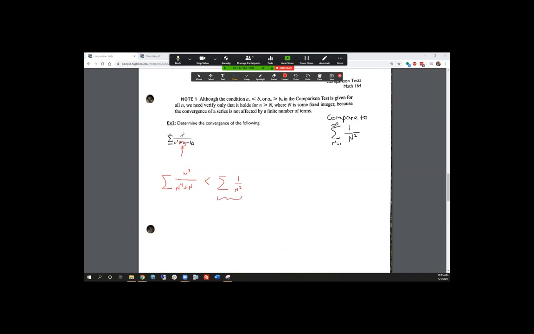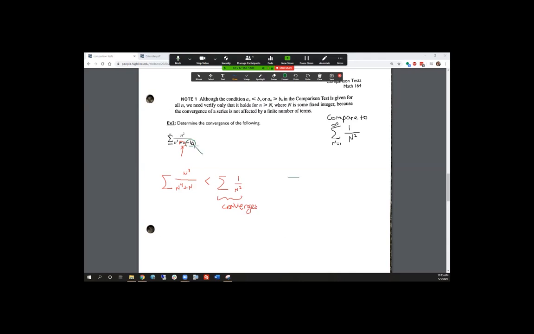This one converges. And so since the bigger one converges, all will be good to go. Unfortunately, the minus 10 seems like it goes the other direction, right?